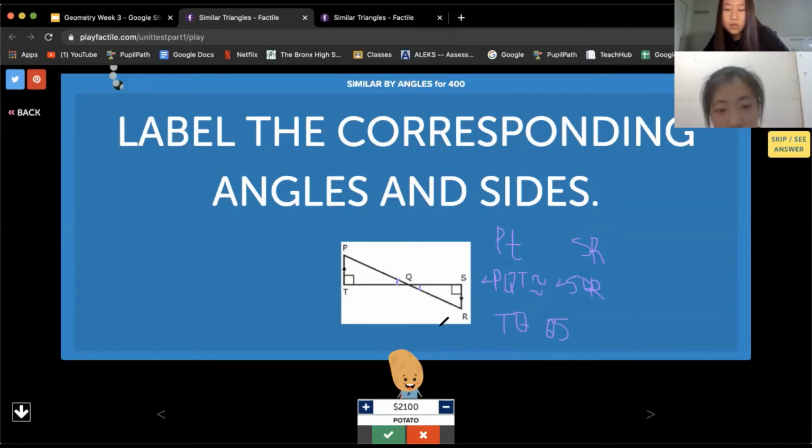And the line PQ is corresponding to the line QR. And the angle TPQ is corresponding to angle QRS.